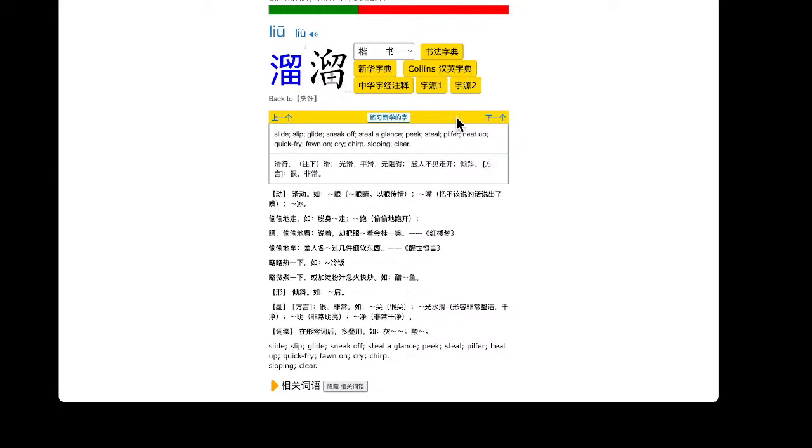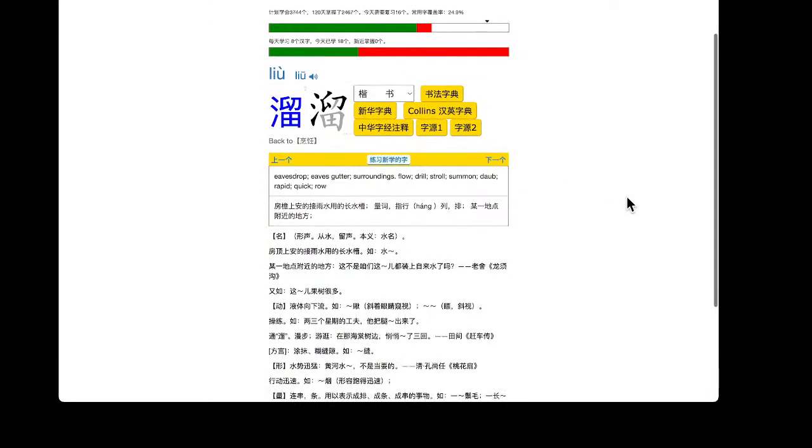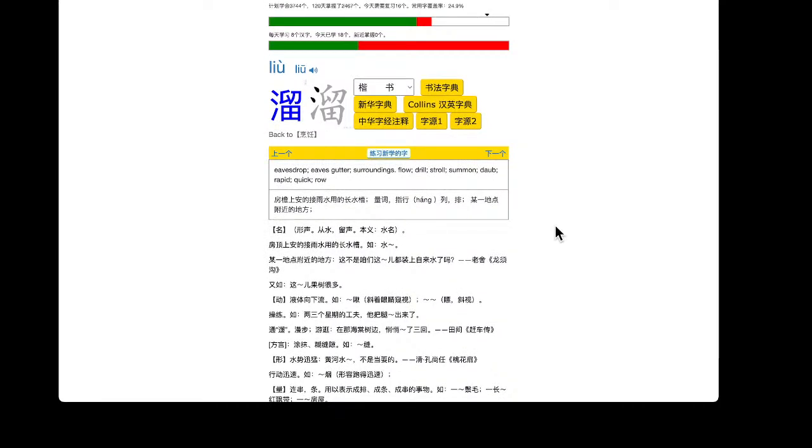Now 溜 has another pronunciation. It means eaves, gutter.